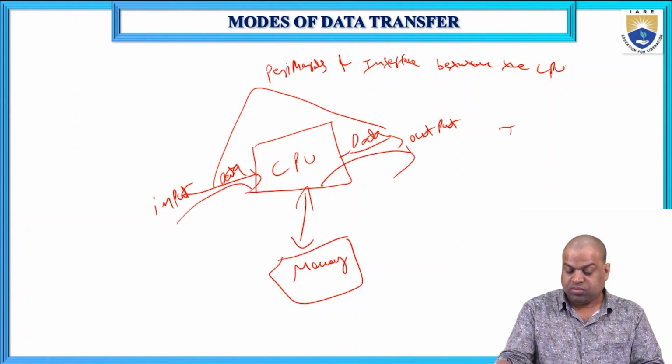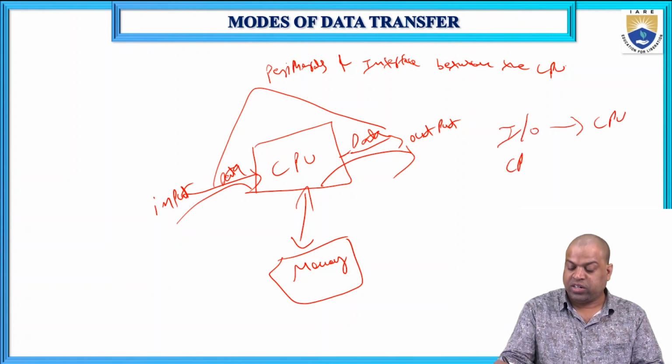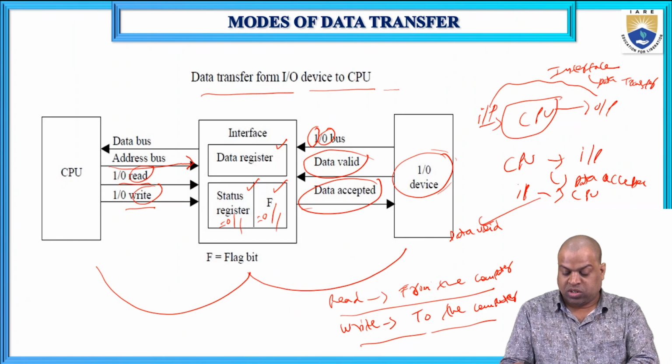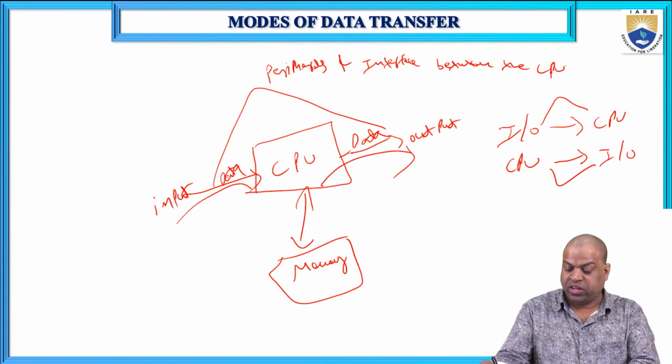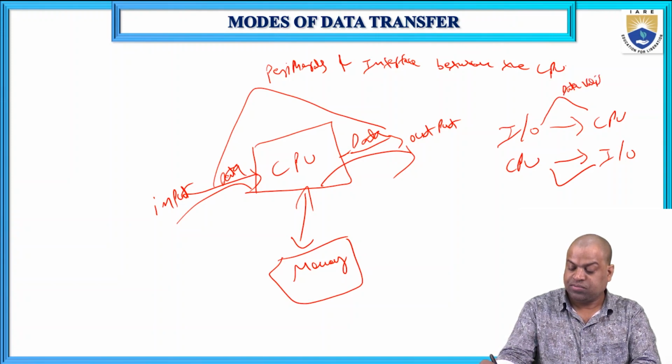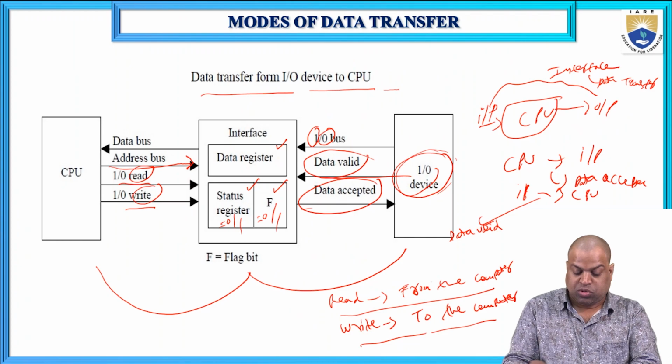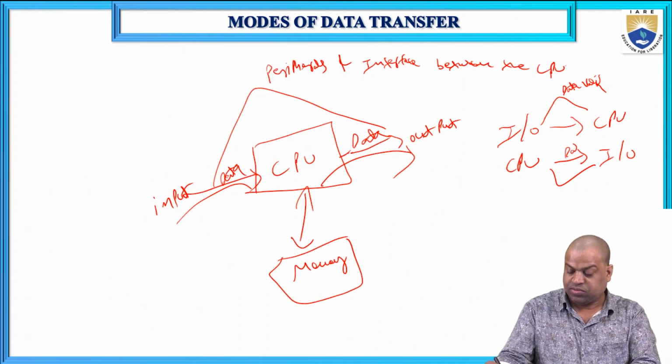So input output to CPU, and CPU to input output. We can observe here input output to CPU, that is data valid, and CPU to input output, that is data accepted.